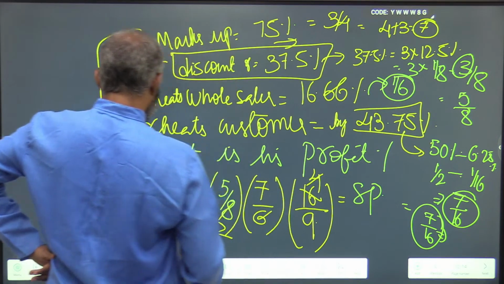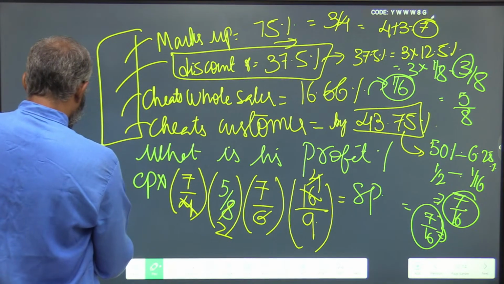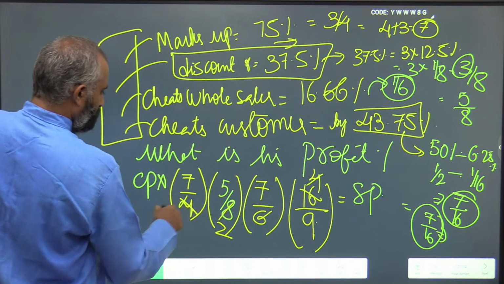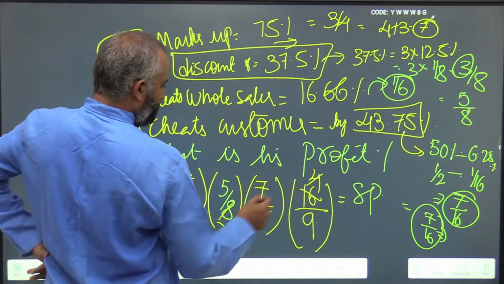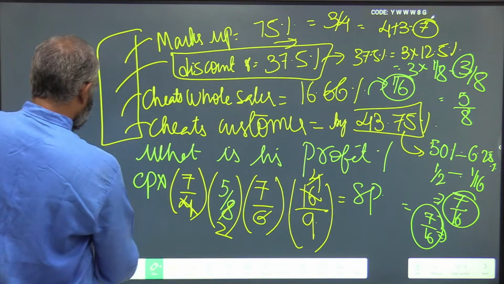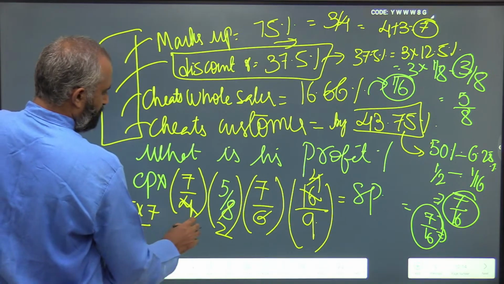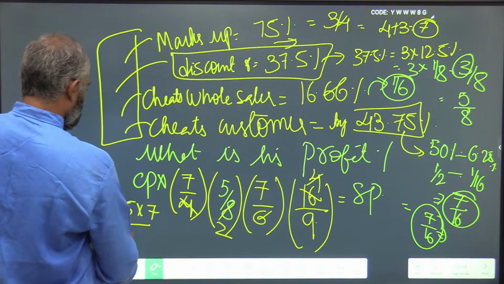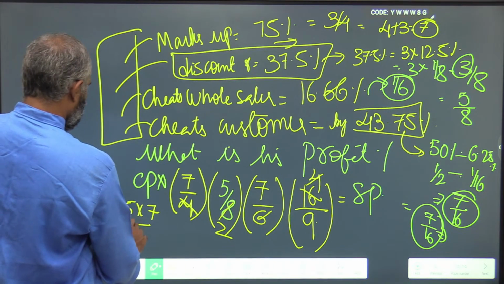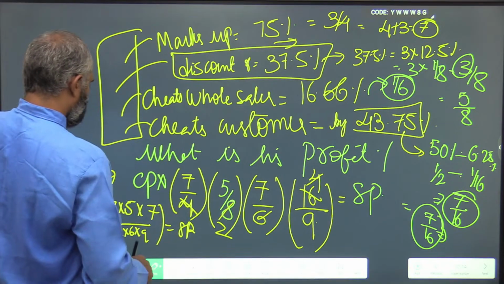So overall this becomes cost price into 7 into 5 into 7 by 2 into 6 into 9, 12 by... it is equals to SP.